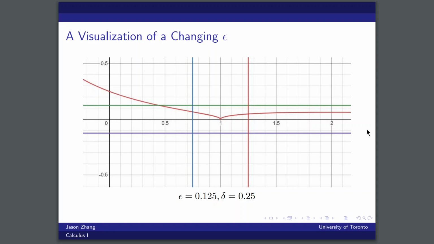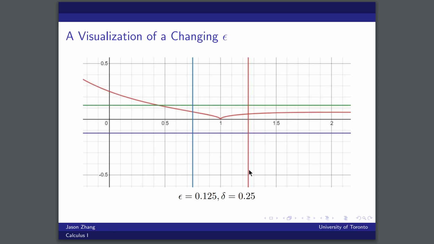And now we should see a drastic change because as we halve epsilon once again, our value of delta should change because now the term that's deciding delta is the 16 epsilon squared. So now delta is 0.25.